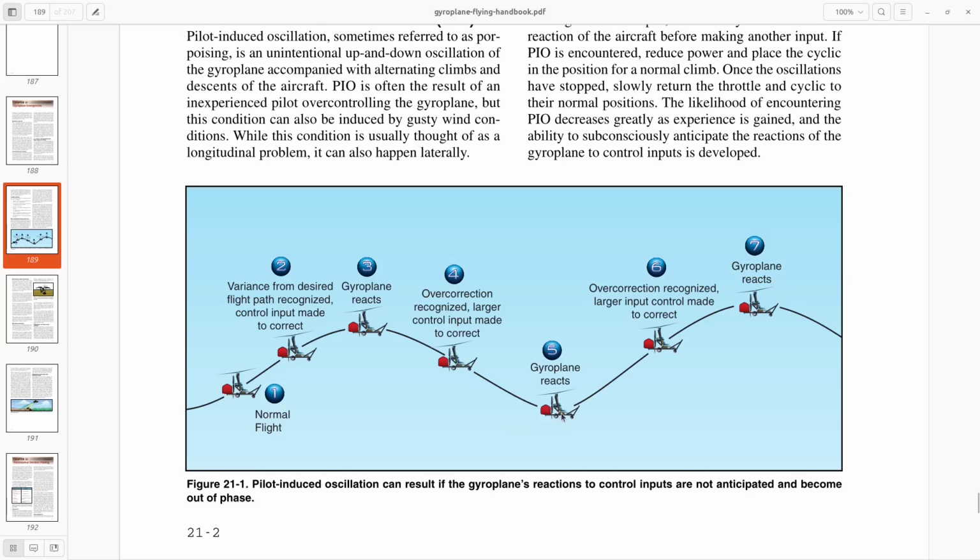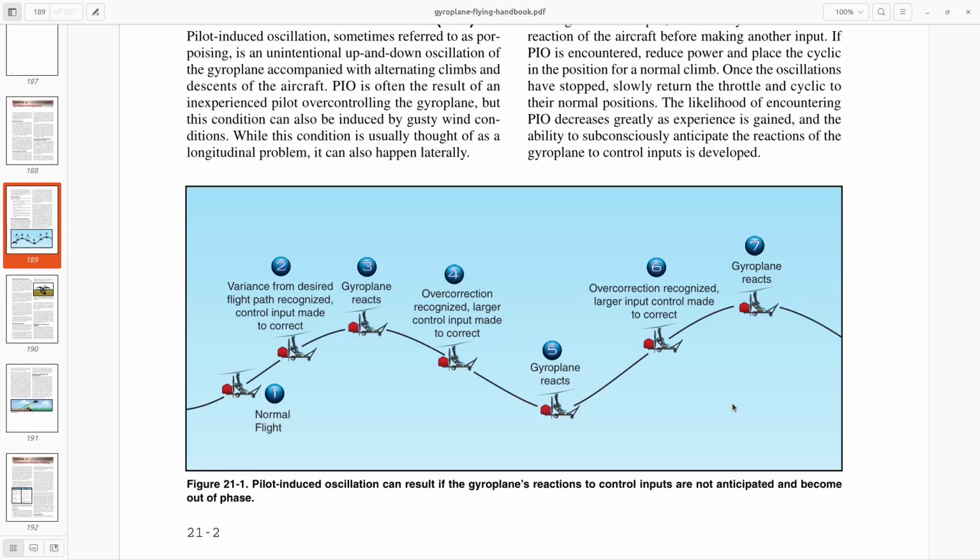And then once again, your gyro reacts slightly delayed, and now you have too much upstick, and that process just continues. So normally this is something that happens a lot in the case of the longitudinal axis with pitch control.